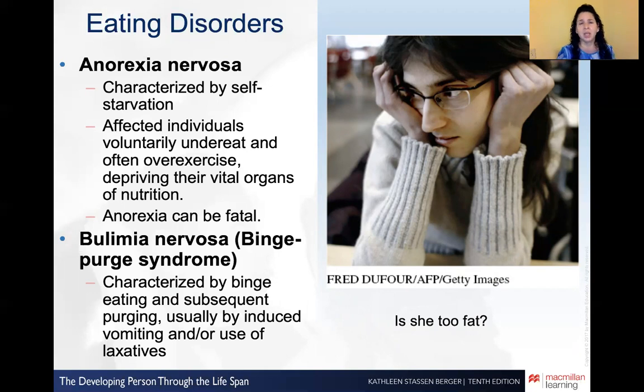It really is. With both of these conditions, both anorexia and bulimia, they are in the DSM-5. So the DSM-5 is our book of mental health issues or conditions. So these are both mental health disorders. And what happens is the person that has the disease, even though they're weighing in at 85 pounds, when they look in the mirror, they see 500 pounds.